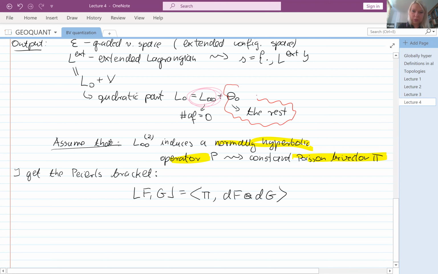So that's a different part of the data. So that part plays a different role.